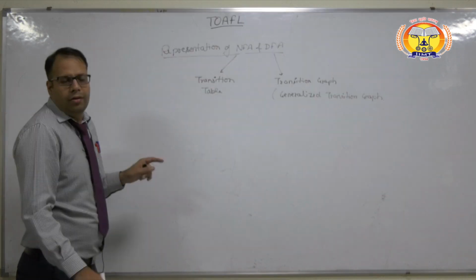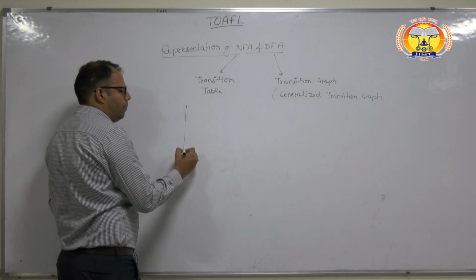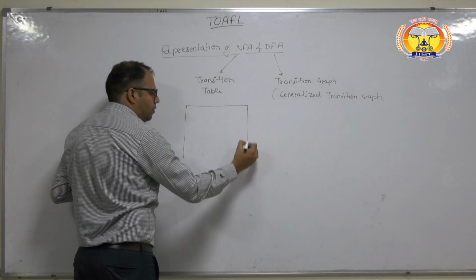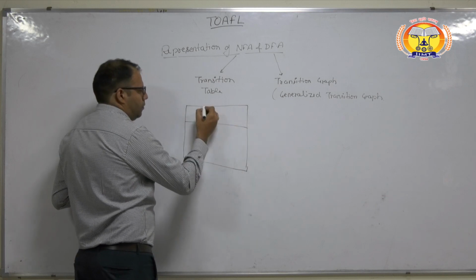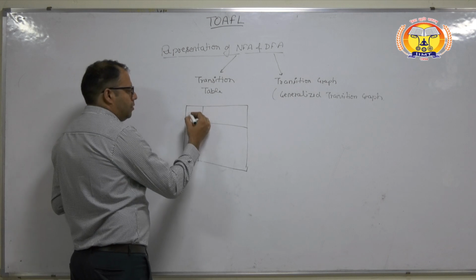Now we can represent the transition table in a tabular form. It can be represented like this.